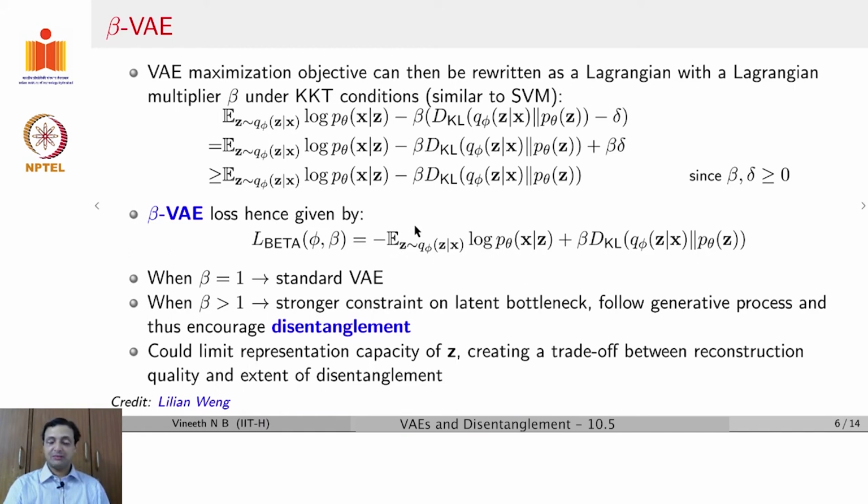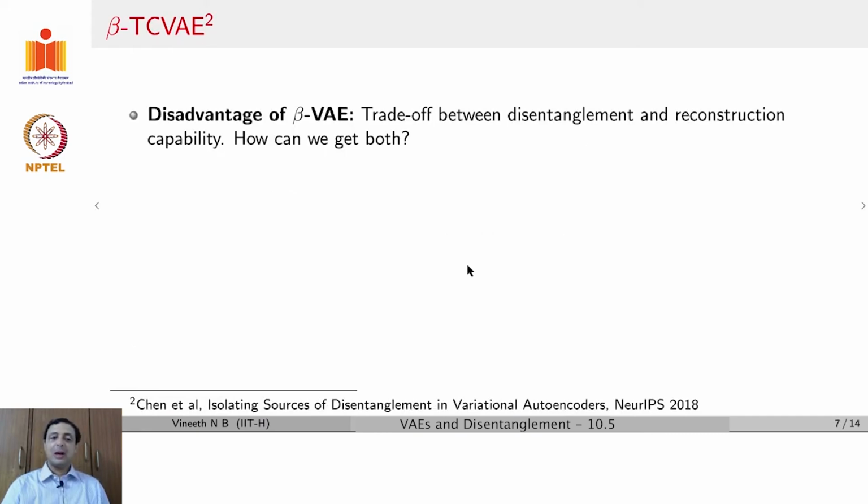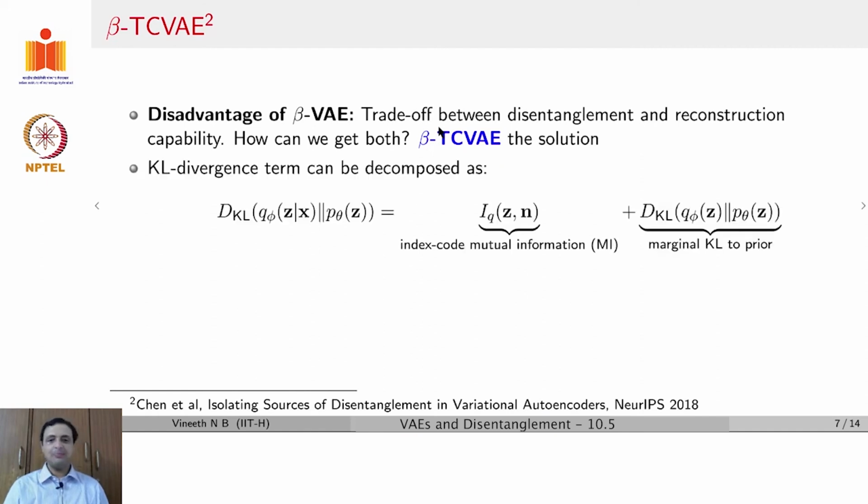If the first term is slightly less important, this leads to lesser reconstruction performance. So to address this issue, to be able to get good reconstruction and good disentanglement, another method was introduced at NeurIPS 2018 by Chen et al., which is known as Beta-TCVAE. Let's try to understand this at this time.